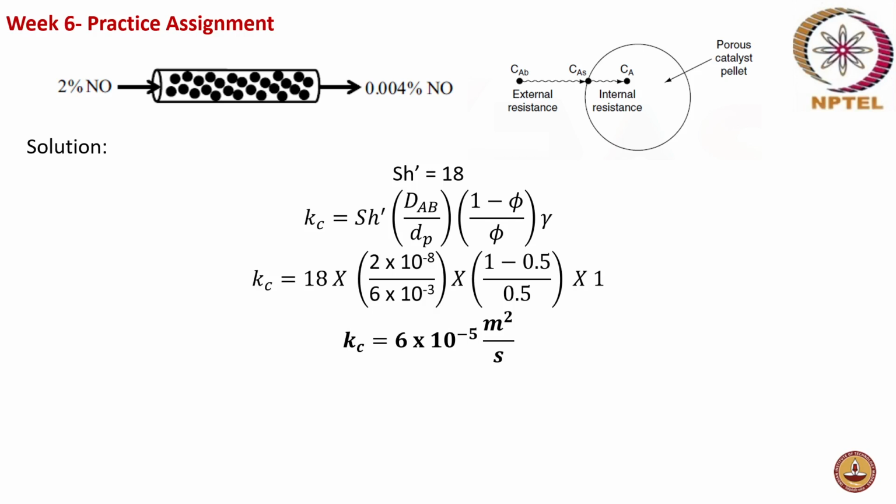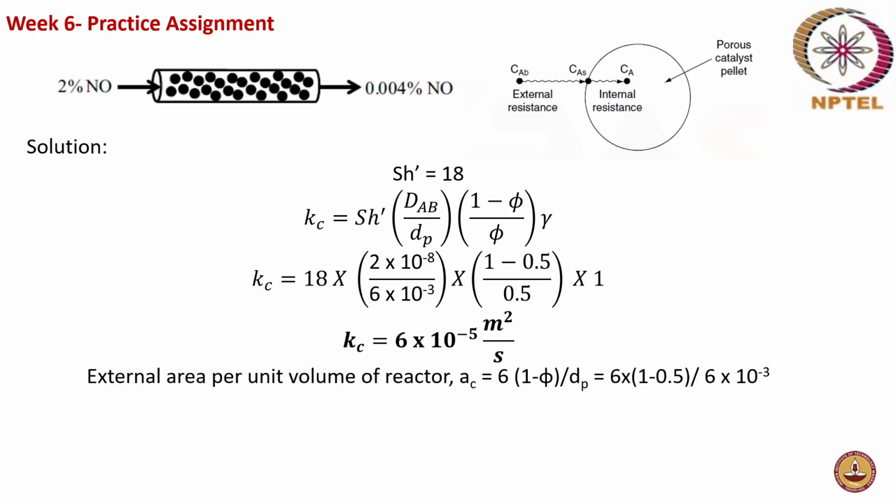Now what else we have to find for finding out the overall effectiveness factor? There was also an external area available per volume of the reactor, AC. So AC is given by 6 into (1 minus phi) divided by dP. We have all the terms. We have porosity of the bed. We also have the diameter of the particle.